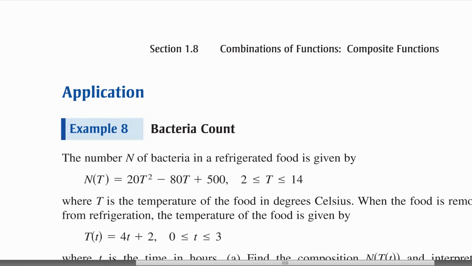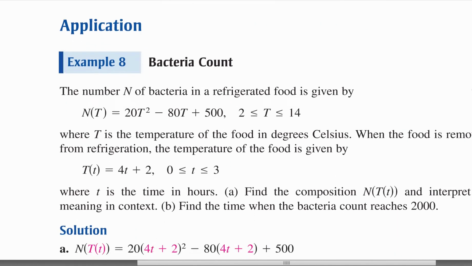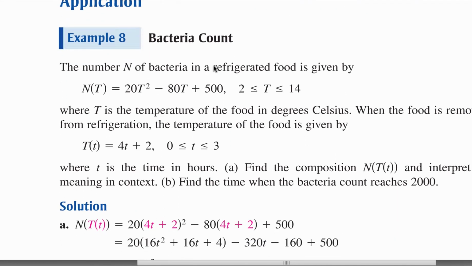Bacteria count. Example 8. The number N of bacteria in a refrigerated food is given by the following model. N of T equals 20T squared minus 80T plus 500, where T is between 2 and 14, and capital T is the temperature of the food in degrees Celsius.